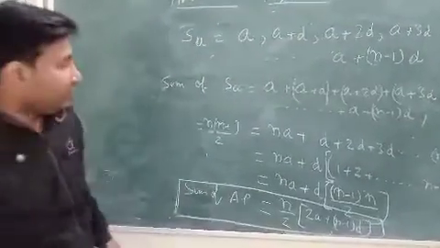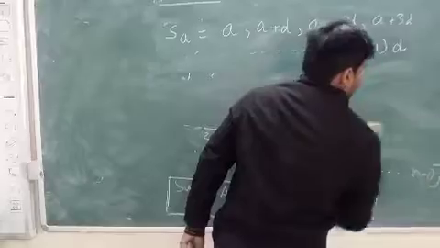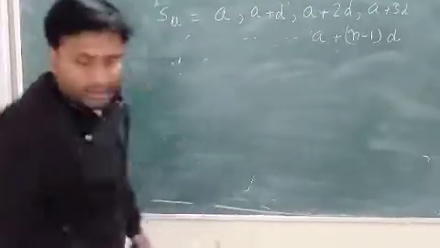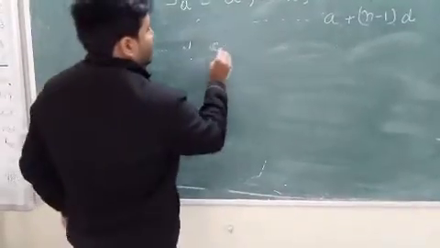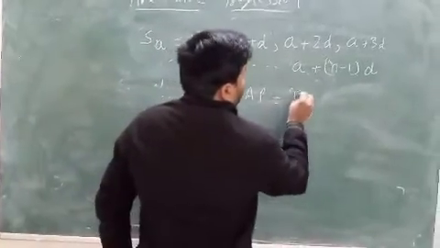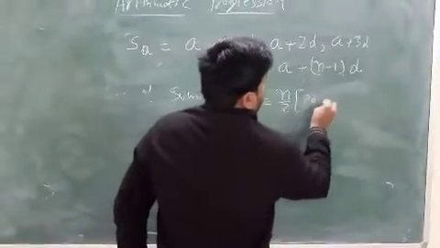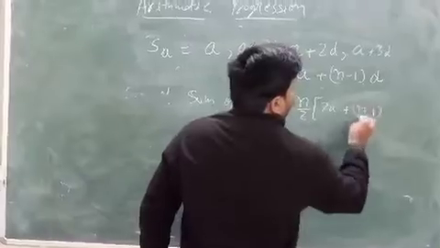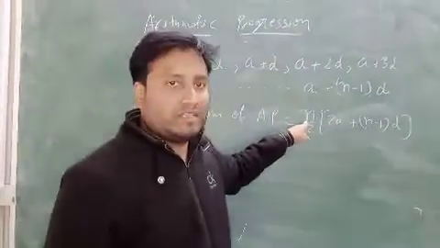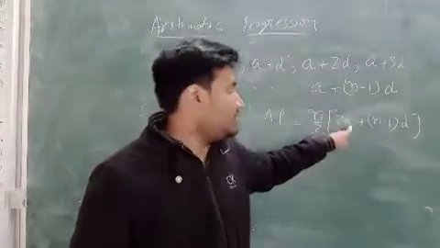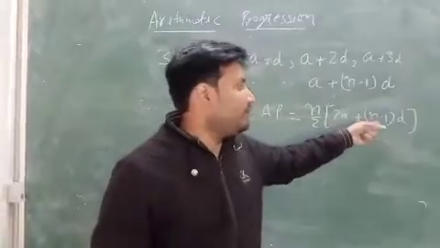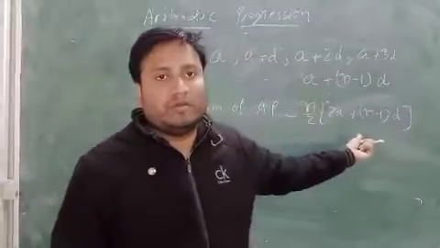So we can write the formula for the sum of n terms: S is equal to n by 2 into (2a plus (n minus 1) into d). Here n is the number of terms, a is the first term, and d is the common difference between two consecutive numbers. Okay, thank you.